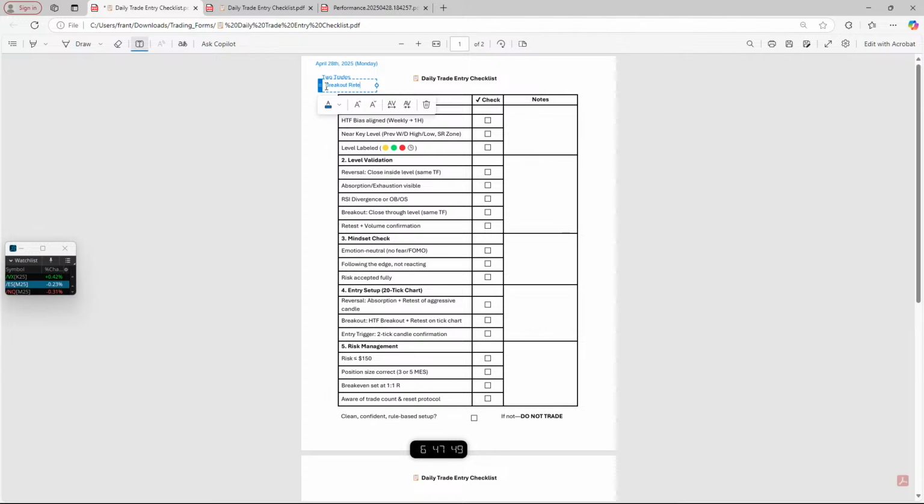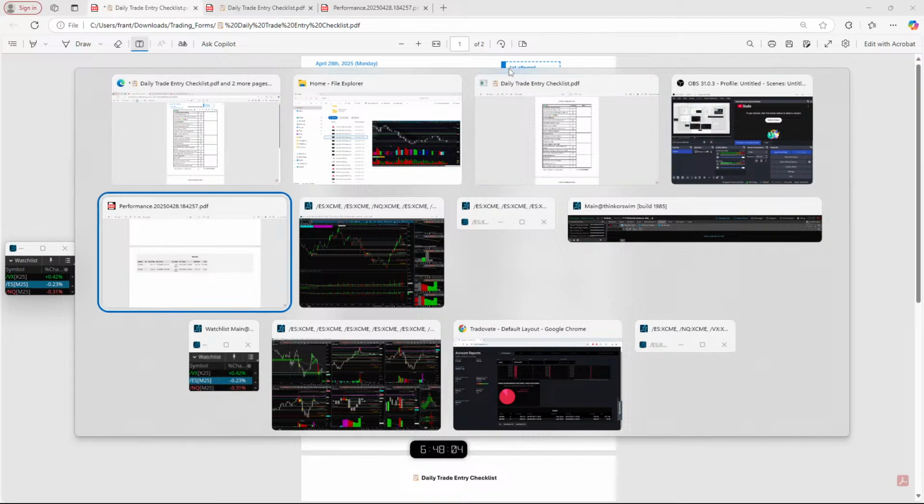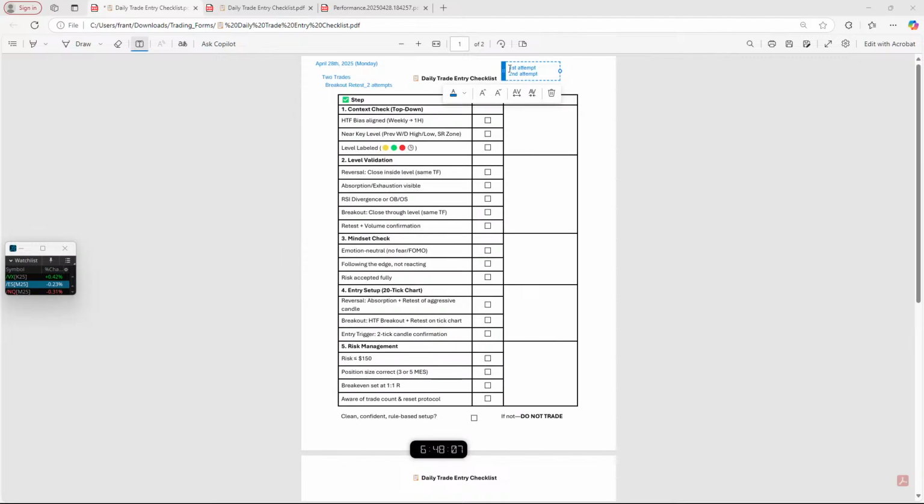Two attempts. First attempt and second attempt. First attempt was 11:34:50.